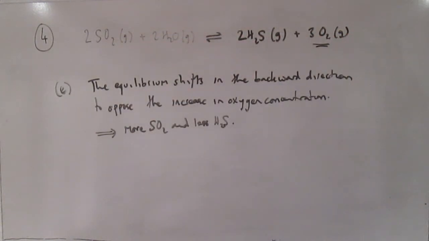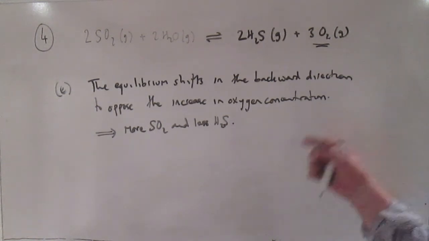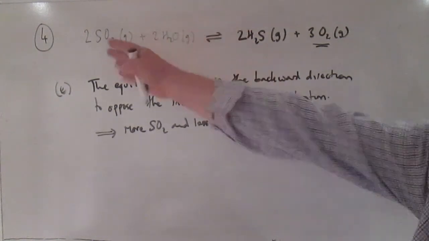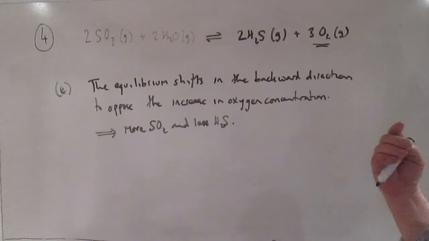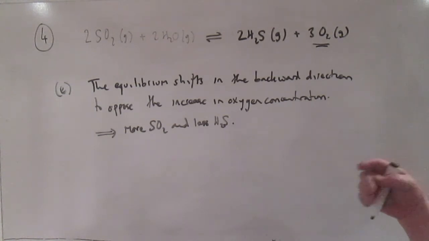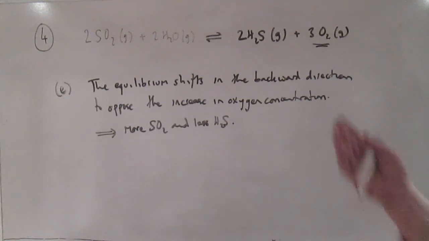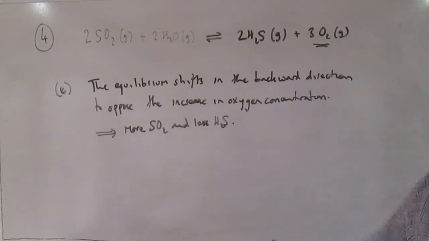So the temperature decrease suggested that we would get more SO2. But the pressure decrease suggested that it would move in the other way to create more moles of gas, and that would give you less SO2 and more H2S. And finally, the effect of oxygen is again to give you more SO2.